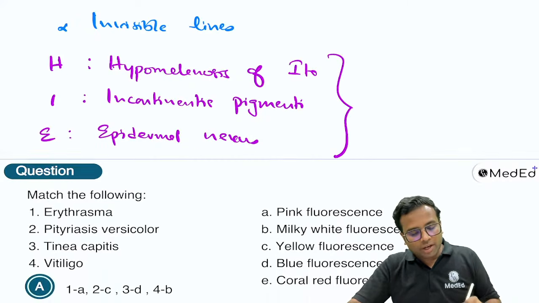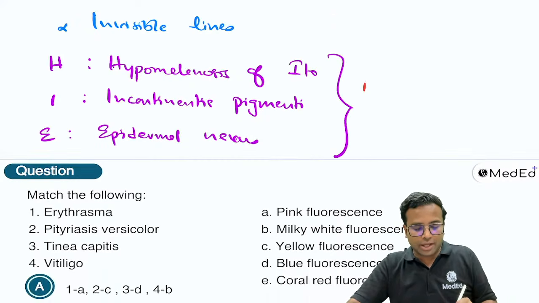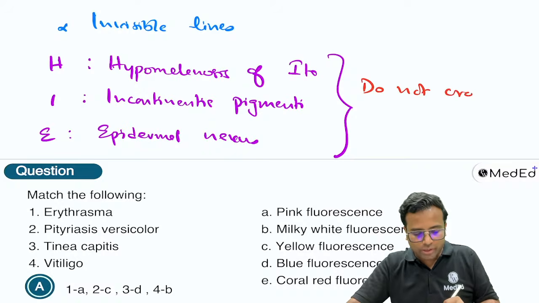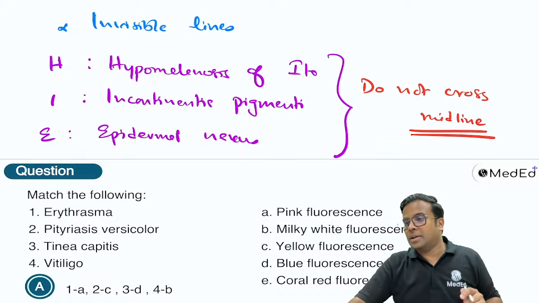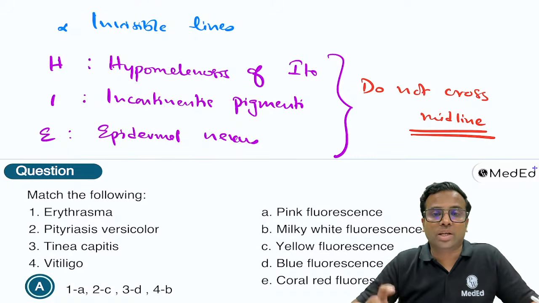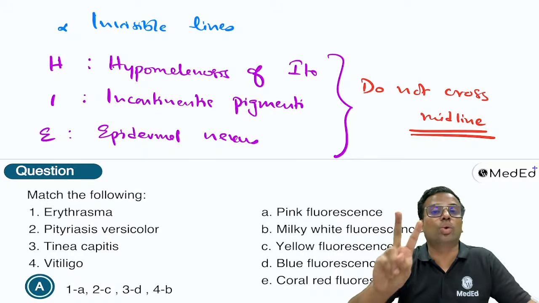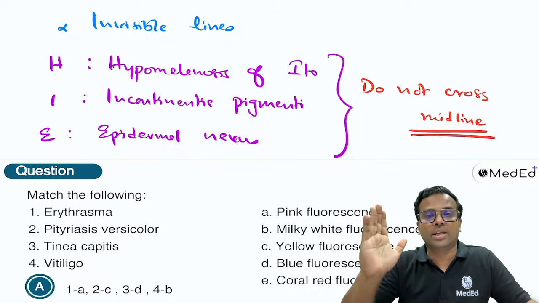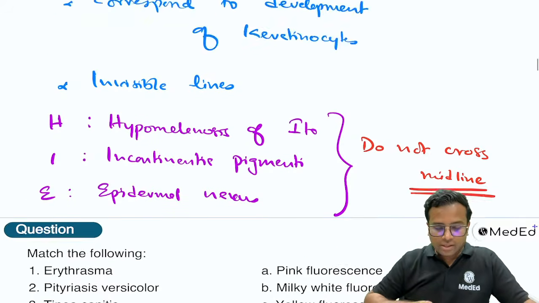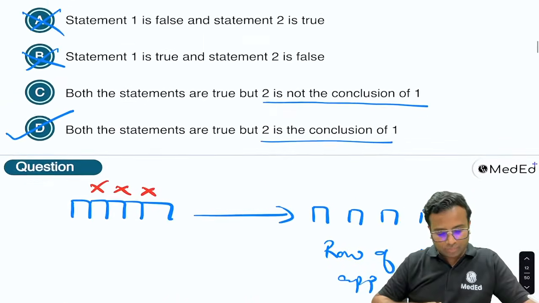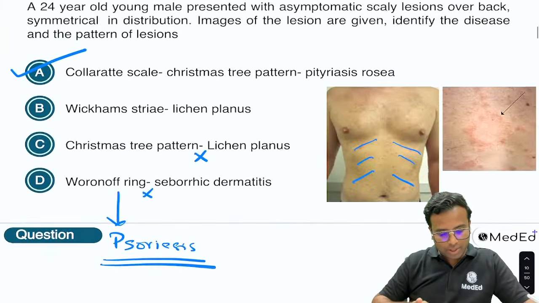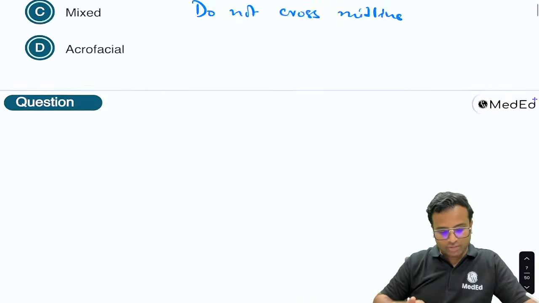And remember, whenever the lesions appear, they do not cross the midline. So in today's discussion, we discussed that there are two types of lines where the lesions do not cross the midline, isn't it? One of them we have discussed a bit earlier. Let me just check, where did we discuss?